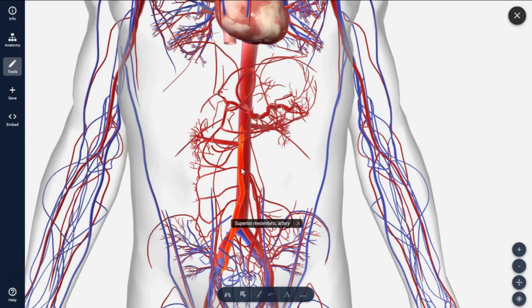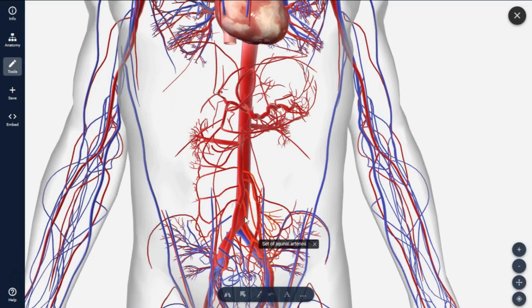This superior mesenteric artery again will have a long course, and in this course it will have a concavity towards the right side and convexity towards the left side. We can make out that. So this is the concavity of the superior mesenteric artery, and this is the convexity towards the left side. From the convex part of the superior mesenteric artery, we will be having many jejunal and ileal branches arising.